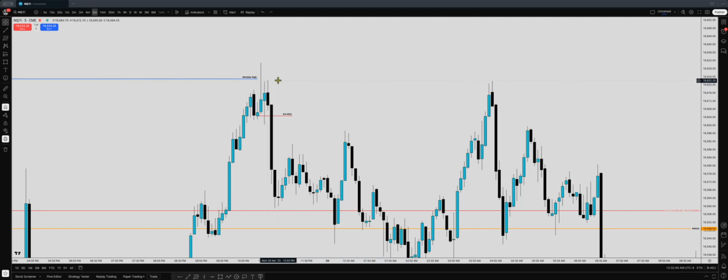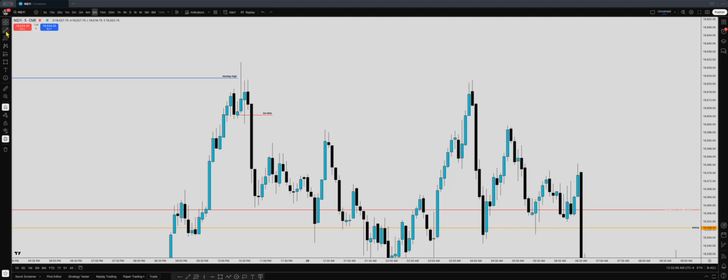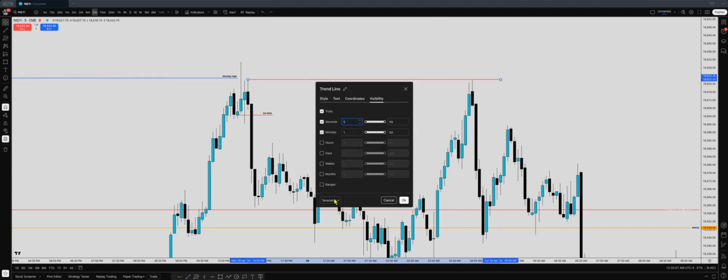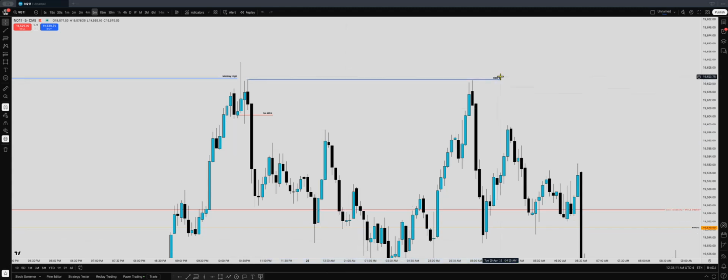It almost takes out this high here, but what's interesting is that it obviously rejected off this little area, but it didn't take out that high, and in the process, it left relative equal highs, right? So we'll extend that across for the day.